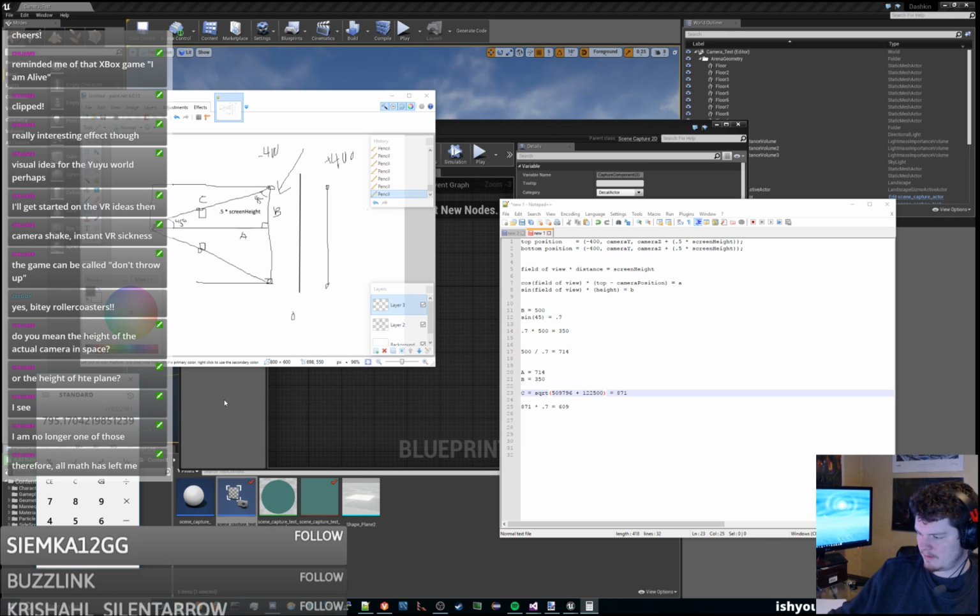We square that, and we divide by 0.7. Square root, which is going to be 795 times 0.7 is 556. So it's not that, so our formulas are totally messed up. They're not right at all.